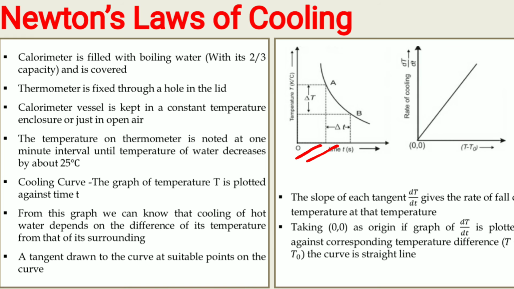From this graph we can know that the cooling of hot water depends on the difference of its temperature from that of its surroundings. You can take an example from daily life.